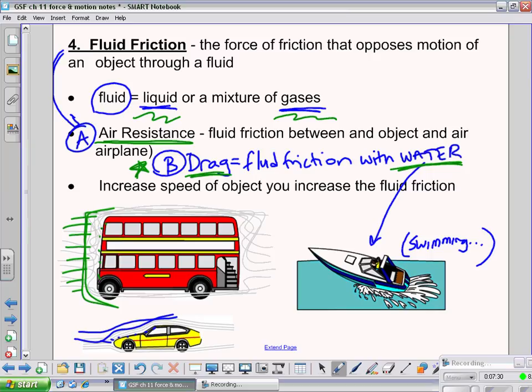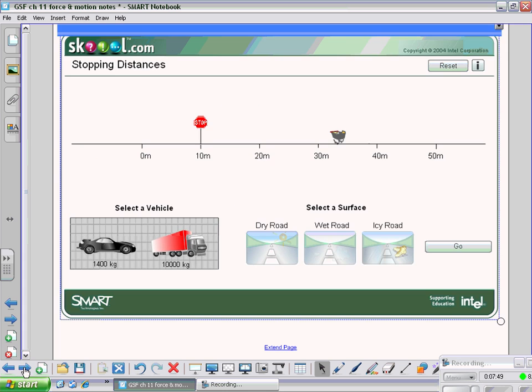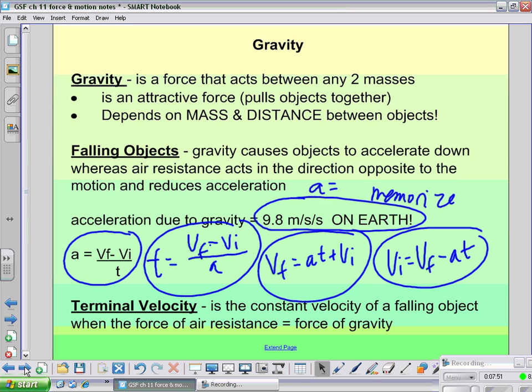Maybe you saw some of the guys shave their heads, or then they even shave their bodies to reduce the hair on their body, to reduce that drag or that friction with the water. Boats are made very aerodynamically to reduce that drag or that fluid friction with water. All right? We'll come back. I'll take a look at that tomorrow.